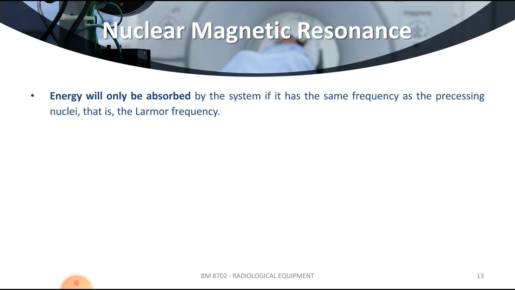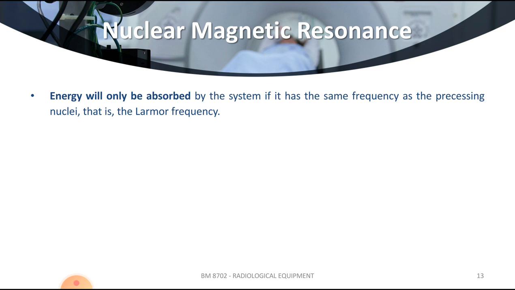So, nuclear magnetic resonance. We talked about magnetic moment, spin, and then gyromagnetic ratio, Larmor frequency, precession, all these things we have talked about. So what exactly is this nuclear magnetic resonance? When you have an energy absorption, that is what causes the nuclear magnetic resonance.